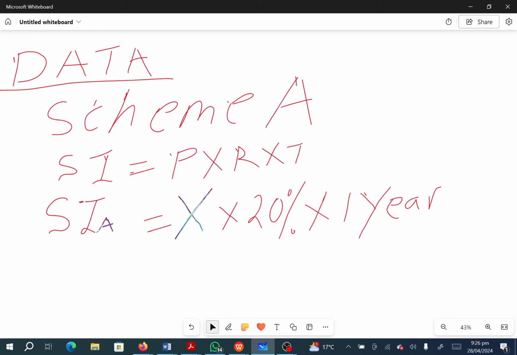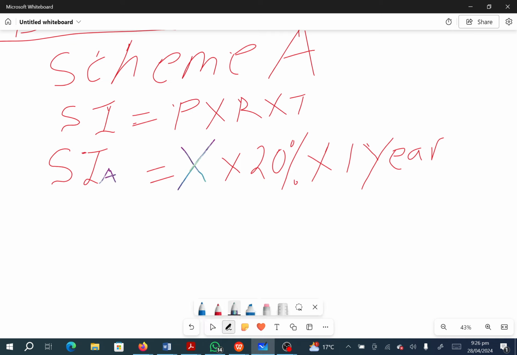So we don't know the principal amount which went into scheme A as well as the principal amount in scheme B. Is that clear? Because we don't know, we will say principal amount is X. Then we go to R. In scheme A, the rate was 20%. Then this whole investment took a period of 1 year.